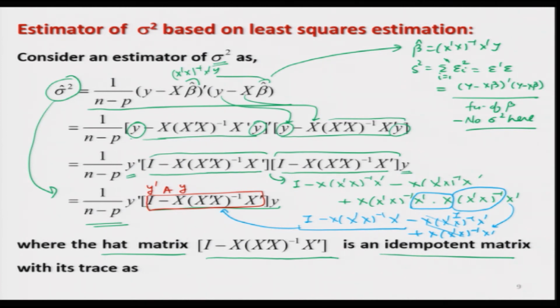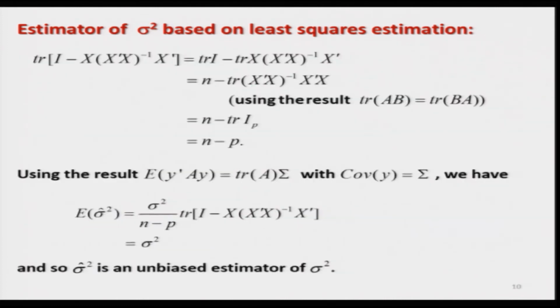Now we have to see whether the expected value of sigma hat square is equal to sigma square or not. In order to see it, we first need to know the trace of this hat matrix, I minus X (X transpose X) whole inverse X transpose.